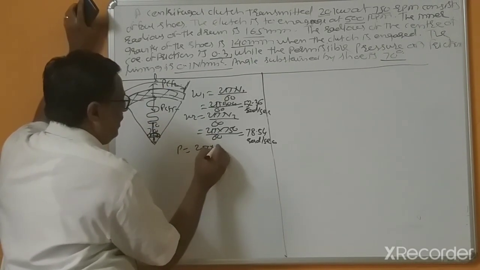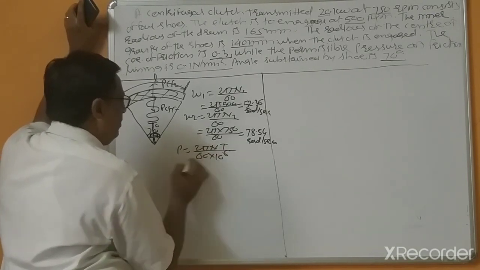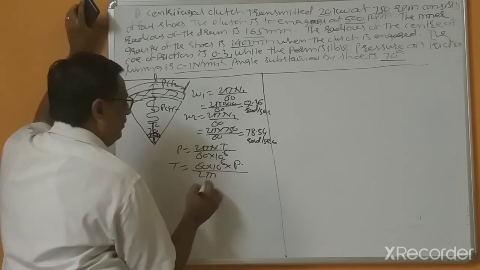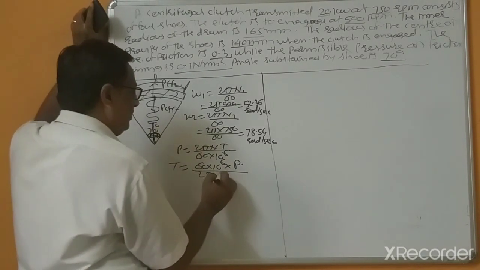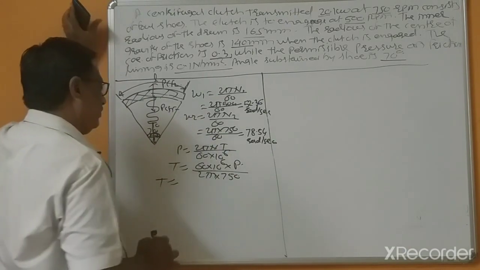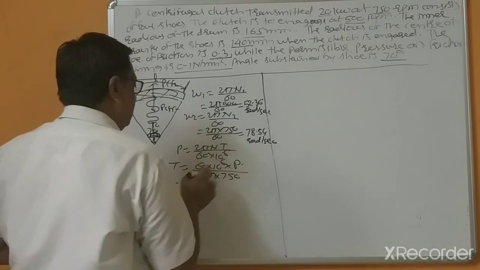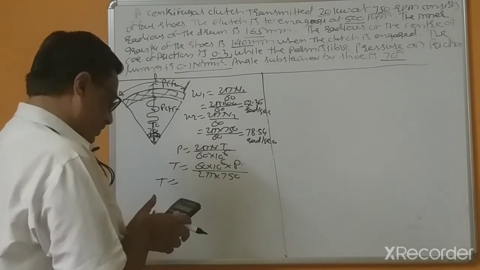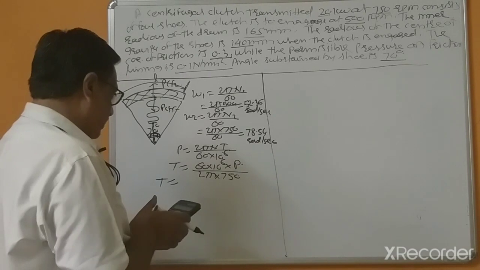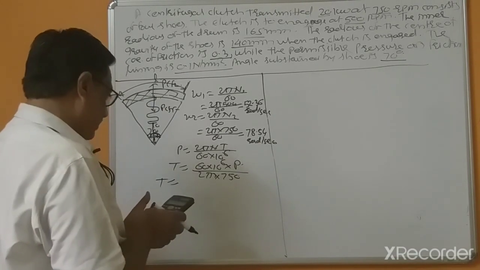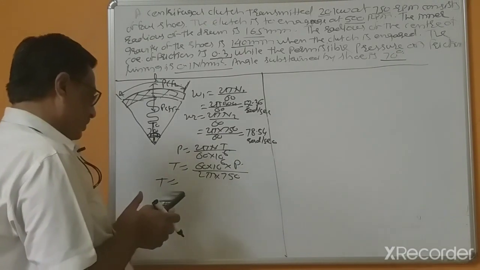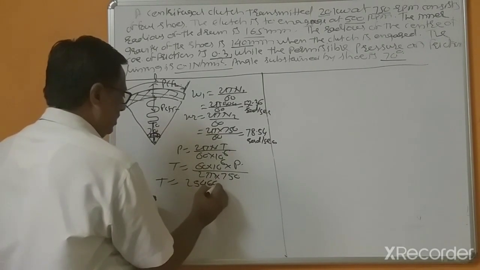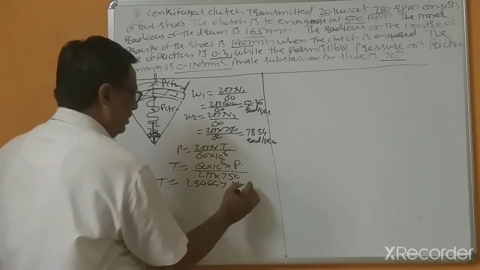P equals 2 pi n T divided by 60 into 10 to the power 6, so T equals 60 into 10 to the power 6 multiplied by P divided by RPM, at full RPM, with P equal to 20 kilowatt. 60 into 10 to the power 6 multiplied by 20 divided by 2 divided by pi divided by 750 gives 254647 Newton mm.